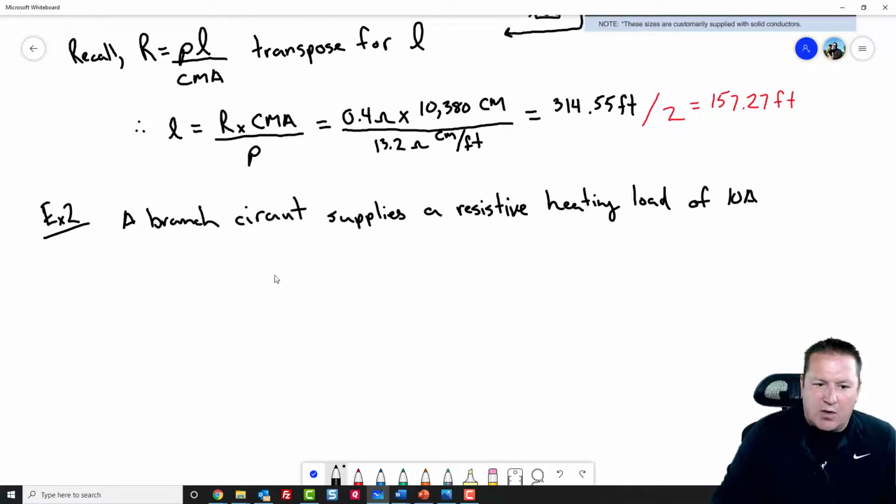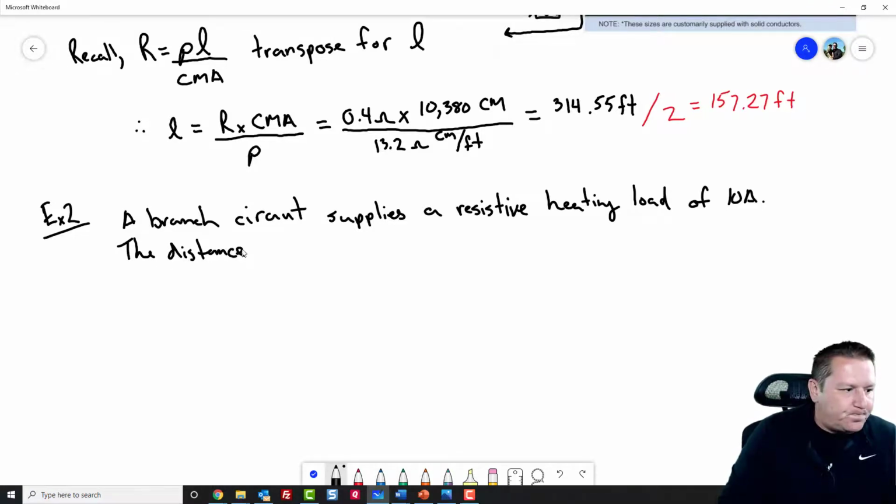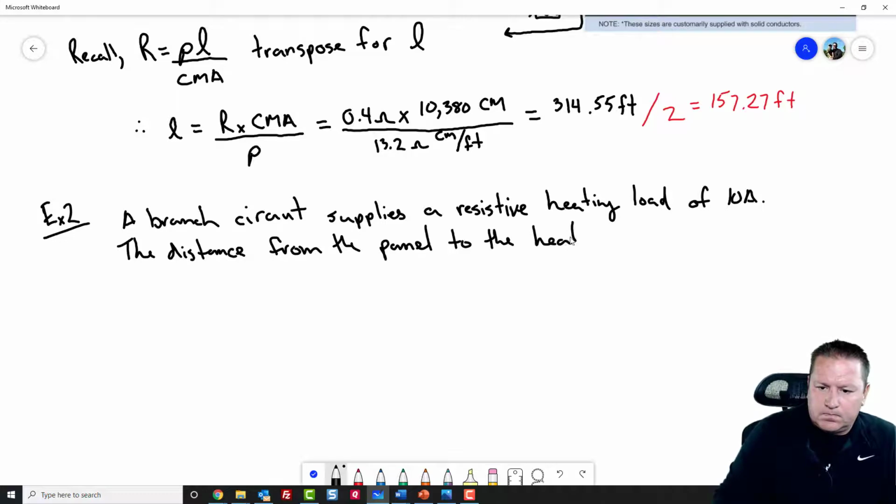I think we're going to model this one in our next video. We'll just draw the circuit out. The distance from the panel to the heater is 35 meters. Okay, meters.